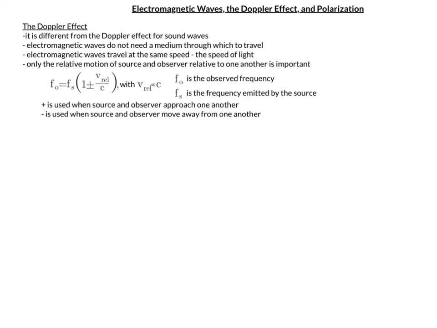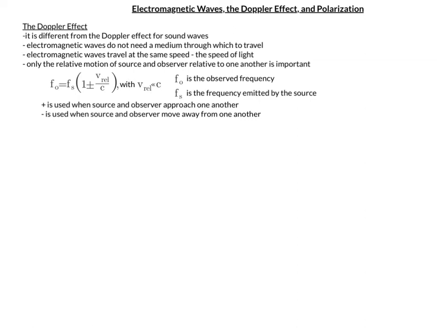Now, there is a plus or minus sign there, and what that means is that when the observer and source come together, they approach one another, then we use the plus sign, and when the observer and the source move away from one another, then we use the negative sign. Remember with sound waves, we had to take into account whether the observer was stationary and the source was moving and what direction it was moving in and so on.